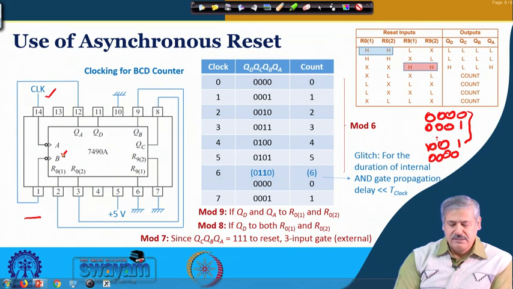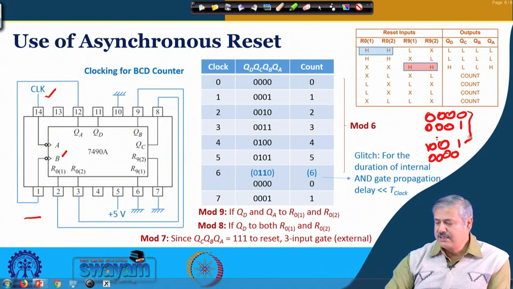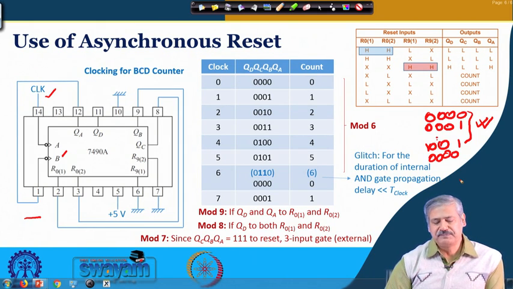A, B, C, D are the QA, QB, QC, QD outputs. The count with clocking as given here will go from 0000 to 1001 and then again 0000. This we are already familiar with.